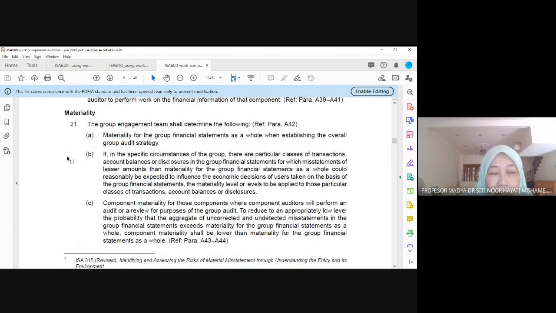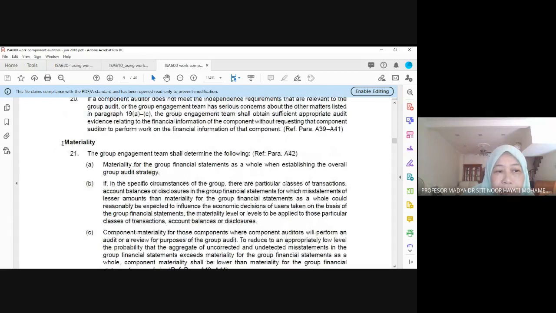And when we talk about the materiality here, remember, because the group auditor is going to form the group audit opinion, the group auditor has to consider the component materiality. Which we said that the more material the component is to the group, that means the group auditor has to take some precaution.